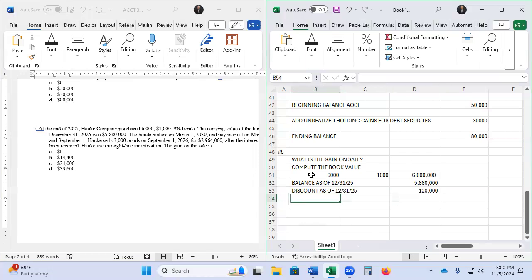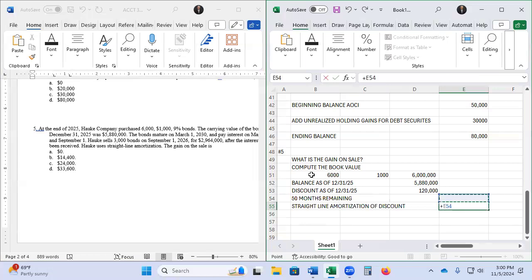So we have 50 months remaining. So straight line amortization of discount. We take the 120,000 and we divide it by the 50 months, and we get 2,400 per month.